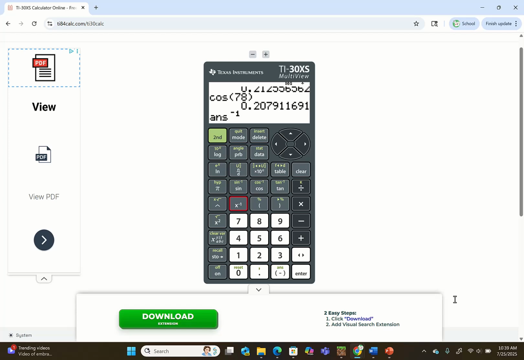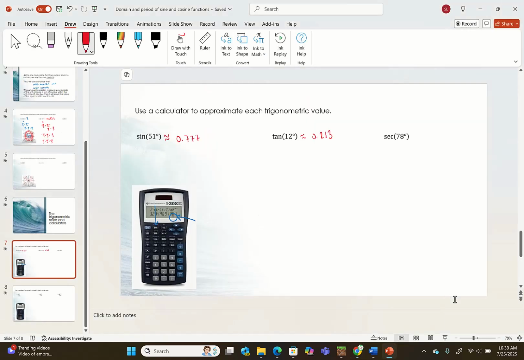So it's going to take the reciprocal of whatever the previous answer was, which again is different than cosine to the -1, the inverse of cosine itself. We want the inverse of the ratio. So now I know that secant of 78 degrees is 4.810.